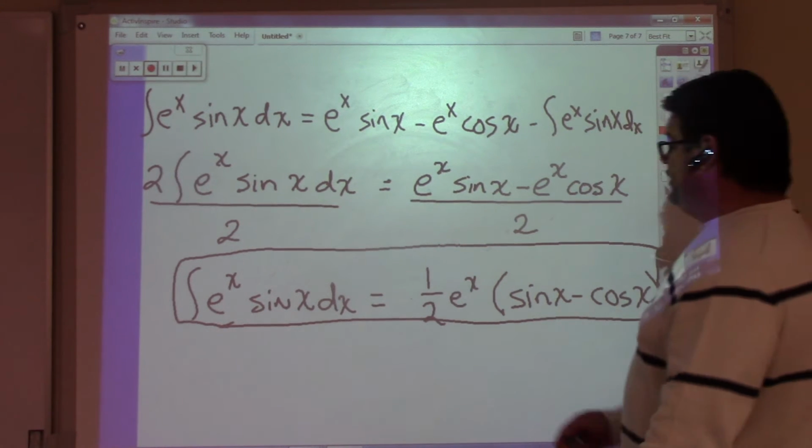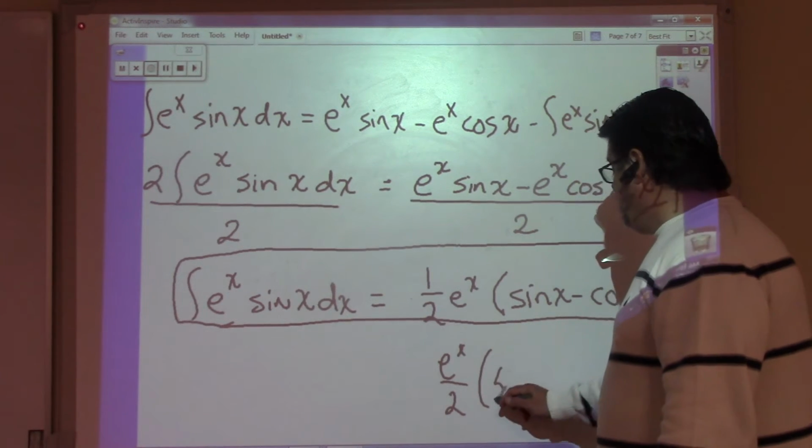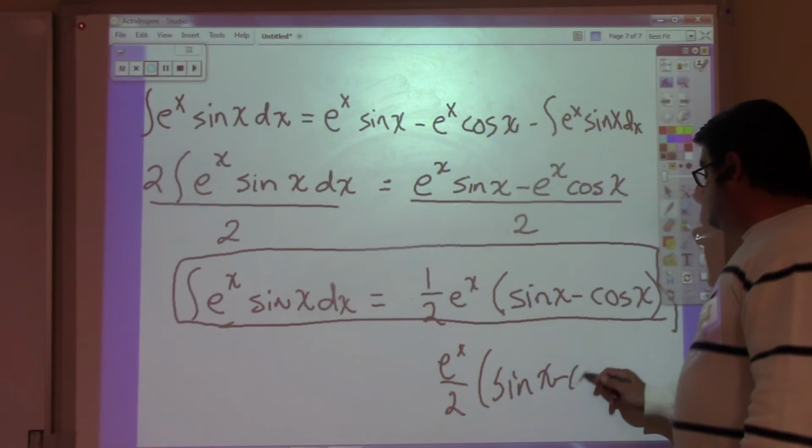And that can also be written as e to the x over 2 times sine of x minus cosine of x.